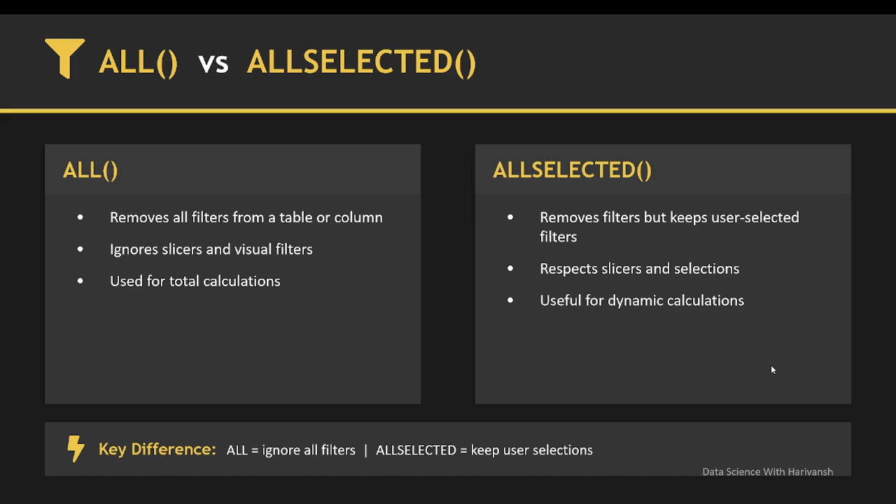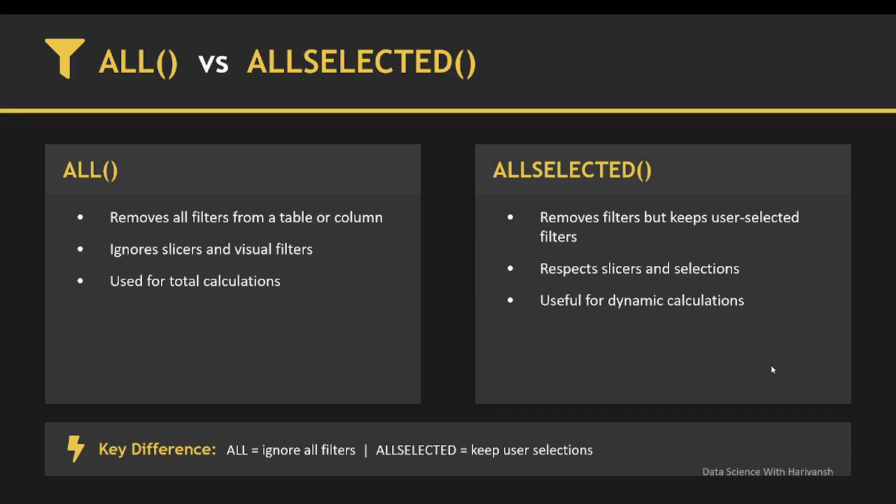ALL essentially resets the filter context completely and calculates against the entire data set as if no filters existed at all. This makes ALL ideal for calculating grand totals, overall averages, or percentage of total calculations where the denominator must always represent 100% of the data.